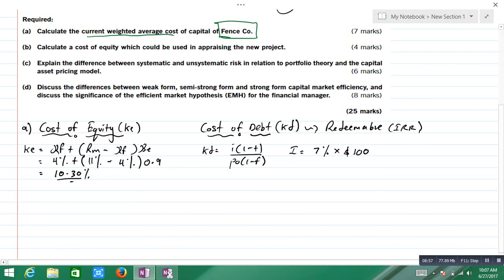And we get $7. And what is going to be the post-tax interest? $7 times 1 minus the tax. That will give you the post-tax interest, which is 5.6. Check.